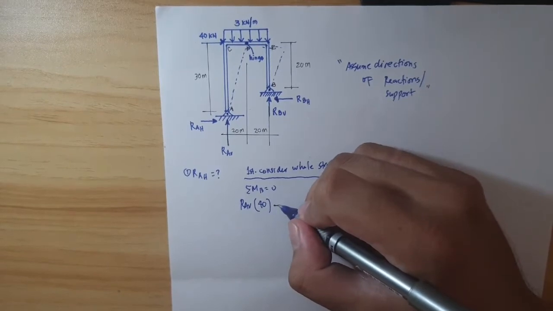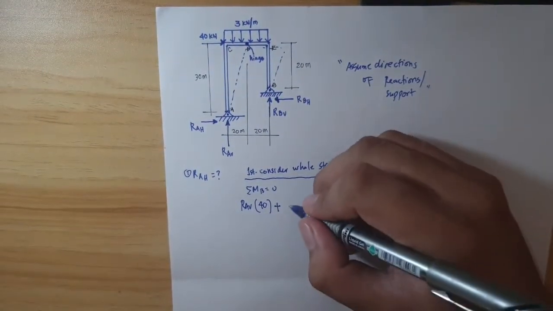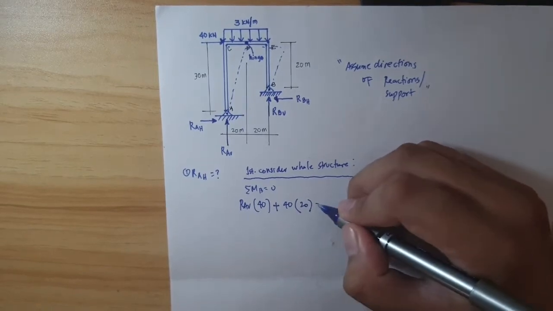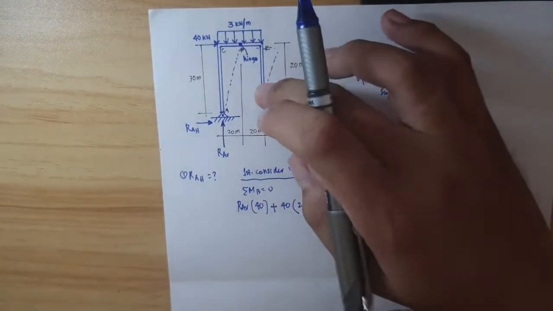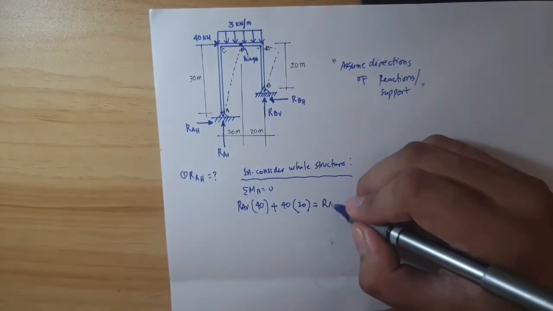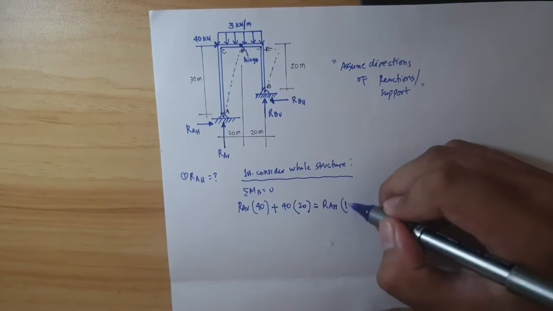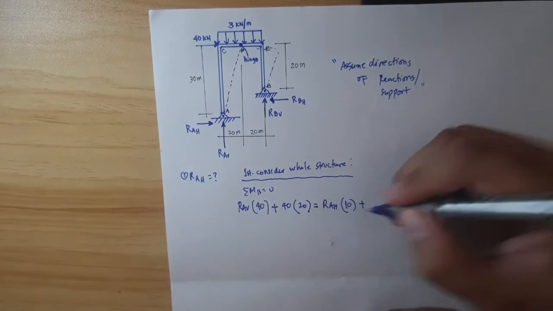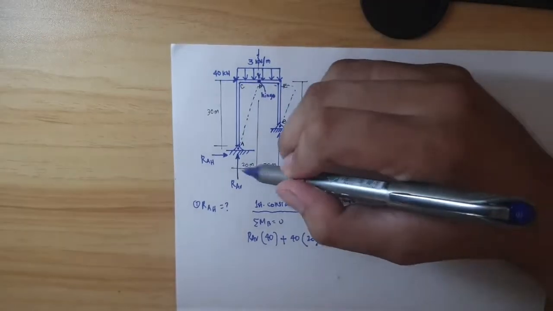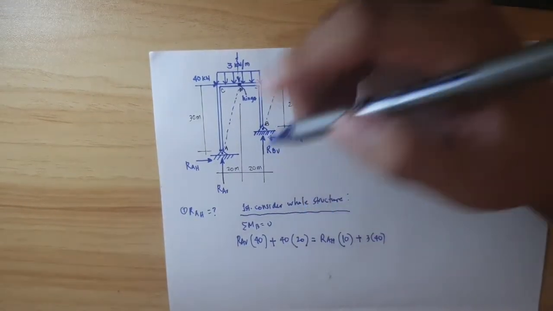We also have the 40 kilonewton force, which is still a clockwise rotation, times the distance of 20 from B, equal to counterclockwise. For the counterclockwise, we have RA horizontal, the unknown, times the distance, that is 30 minus 20, so 10, plus the resultant of the 3 kilonewton per meter, that is 3 times 40, times the distance, which is 20.